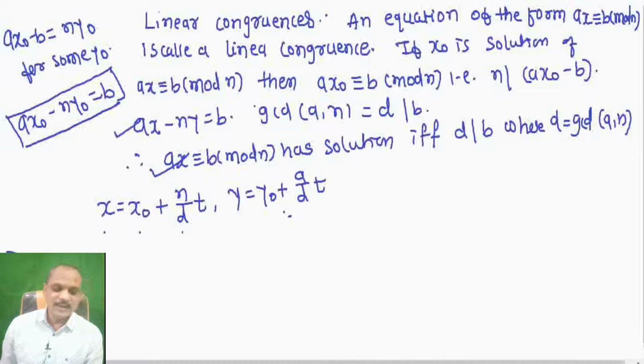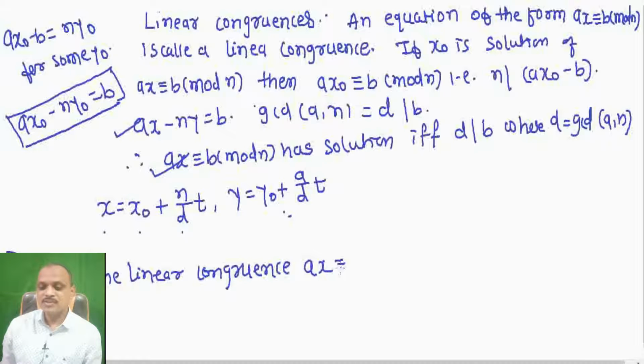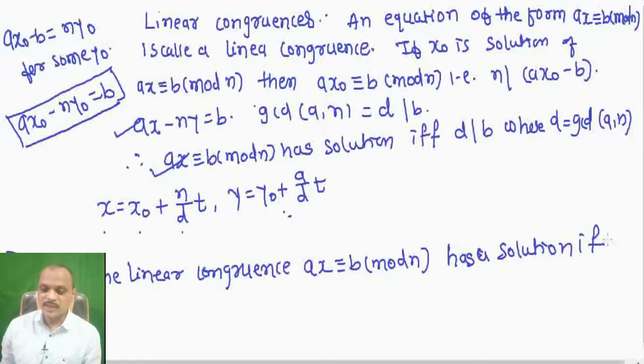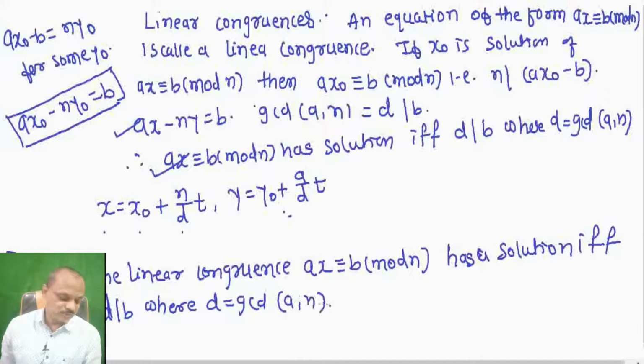Okay, the linear congruence ax congruent to b modulo n has a solution if and only if d is a divisor of b, where d is gcd of a, n.